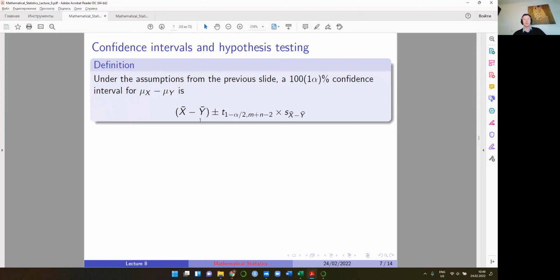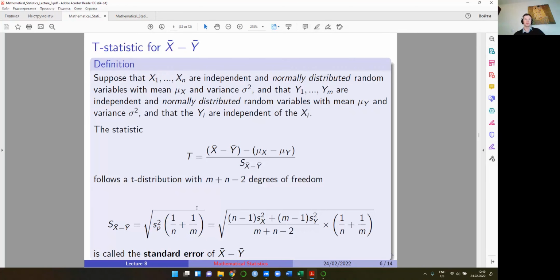So that's our estimator plus or minus t, which is familiar to you, but now the number of degrees of freedom is here, and we multiply this by the standard error. The standard error from the previous slide is this long and seemingly difficult, but it's not.